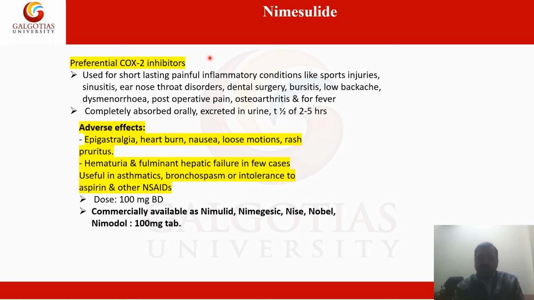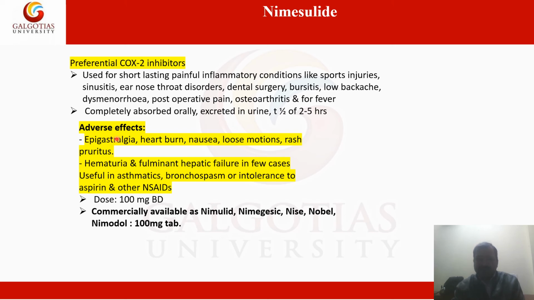Another very important drug is nimesulide, a preferential COX-2 inhibitor used for short-lasting painful inflammatory conditions like sports injuries, sinusitis, ear, nose and throat disorders, dental surgeries, bursitis, low backache, dysmenorrhea, postoperative pains, osteoarthritis, and for fever. It is completely absorbed orally and excreted in urine. Half-life of this drug is 2 to 5 hours.